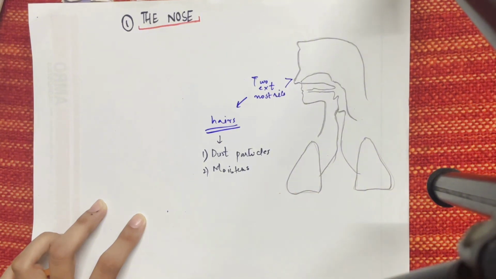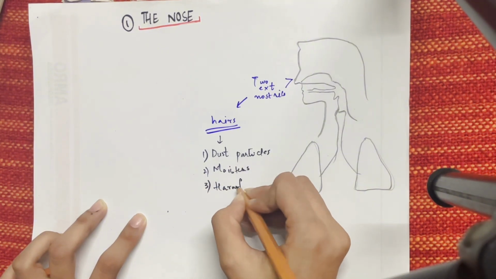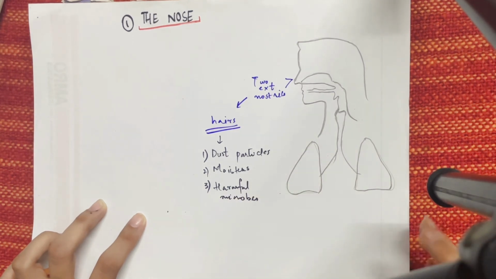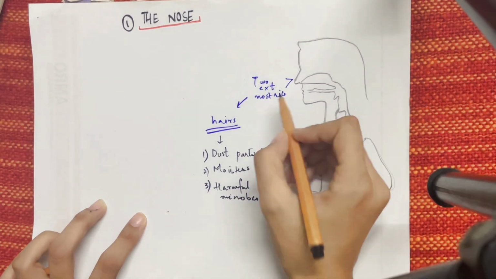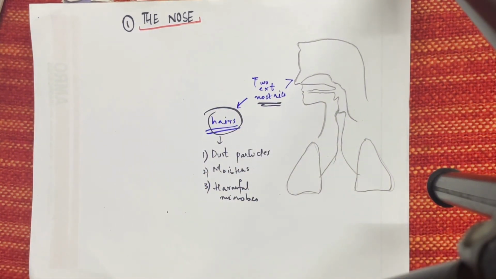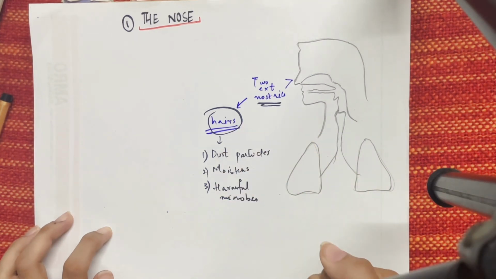And the third is that they capture harmful substances or harmful microbes that could enter the air passage. These hairs lead to the mucous membrane, where these three major functions take place.